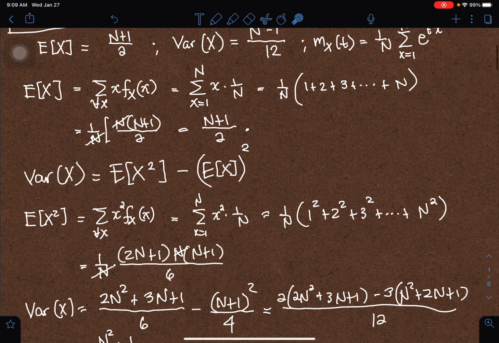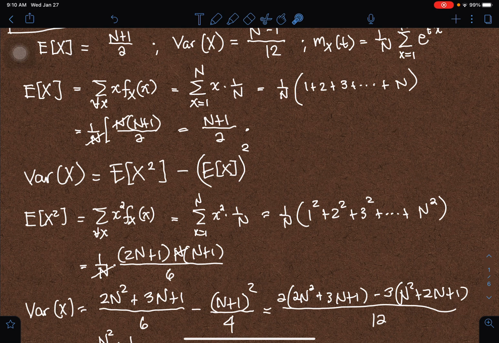For the mean, the expected value of x is the sum of x times its mass function, f sub x of x, for all possible mass points x. For the discrete uniform case, we get the sum from 1 to capital N of x times the uniform probability, which is 1 over capital N.